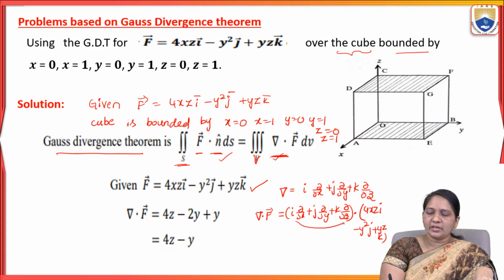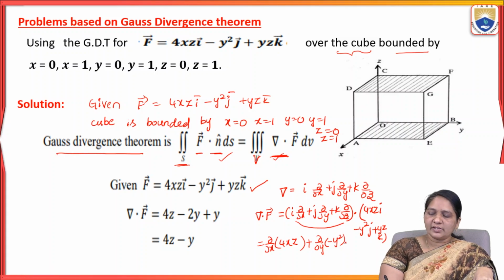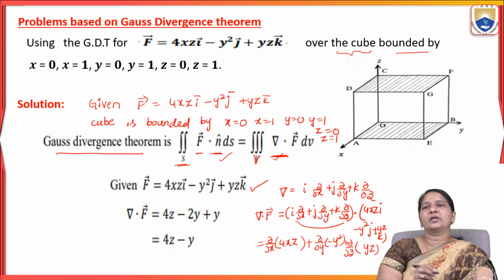Now i dot i is 1, j dot j is 1 like that. So first is dou by dou x of 4xz. Next, dou by dou y of minus y square, with j dot j being 1. Next plus dou by dou z of yz, with k dot k being 1.